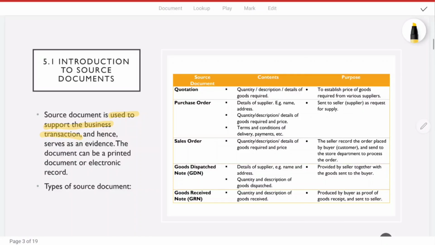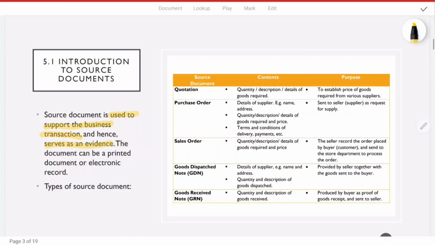Or if it is sales on credit, meaning that we offer credit to our customer and they are not going to pay us immediately, the document that we are going to use to support the transaction is the invoice. This receipt or invoice will serve as evidence.